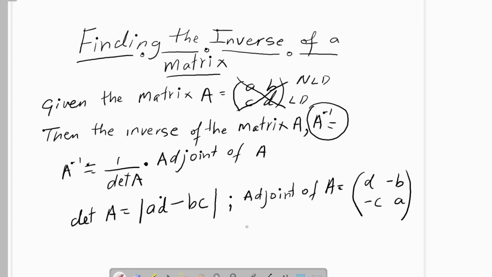Then to find the adjoint of A, we interchange the elements of the leading diagonal.